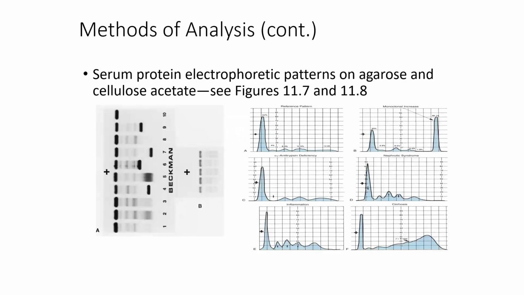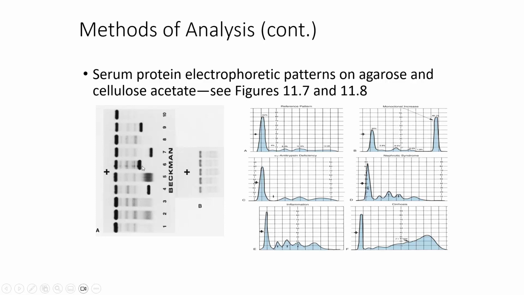So here you can see a typical pattern of what we would like to see in a densitometer. Just to show you what this is versus the actual gel: we load our samples into here, and then we turn on the current. The samples migrate through the gel based on size and charge, and then we will see a separation of the bands.